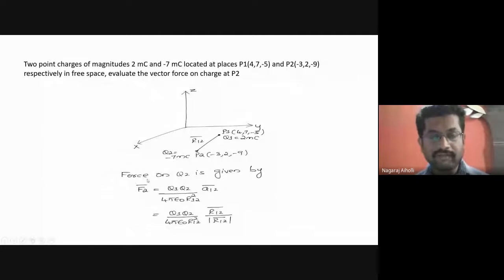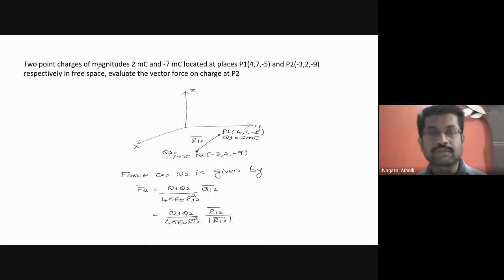Therefore, we have the formula for the force on Q2. According to our equation, F2 is equal to Q1 Q2 divided by 4 pi epsilon naught R12 square into unit vector A12 bar. As it is free space, relative permittivity epsilon R is equal to 1. In an examination, if they give relative permittivity, then you have to consider whatever they are giving.